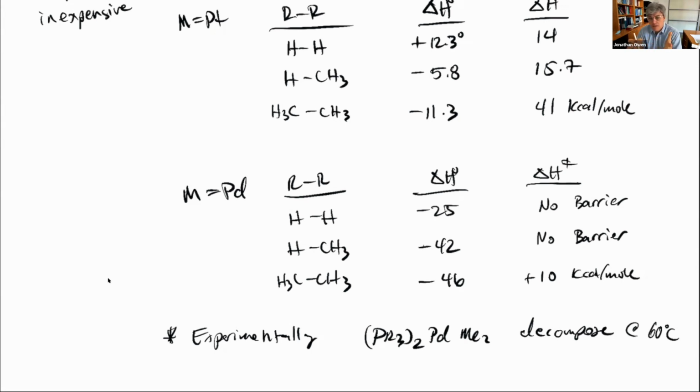Now, making dihydrogen versus ethane or methane, there's a consistent increase in the delta H double dagger for both metals. And the question is, why would that be?